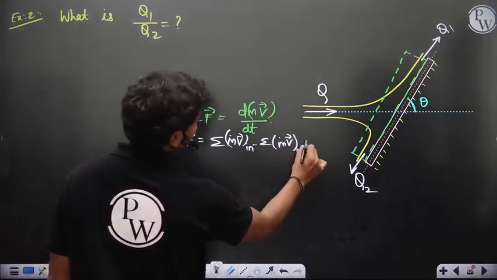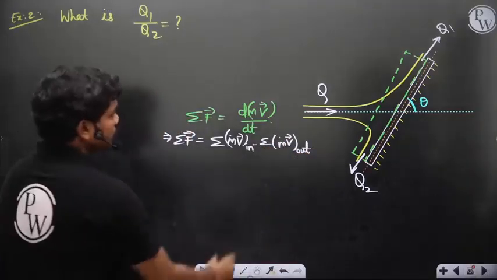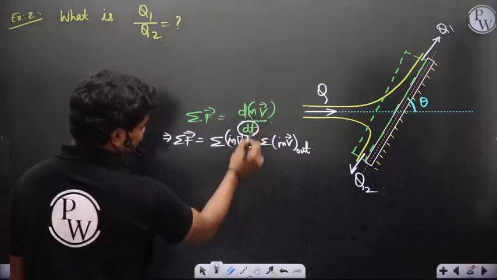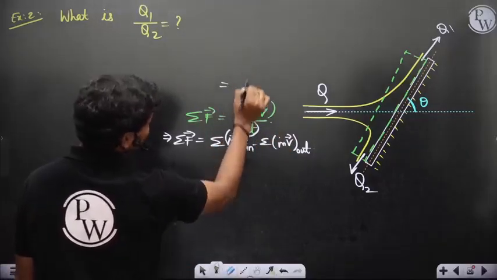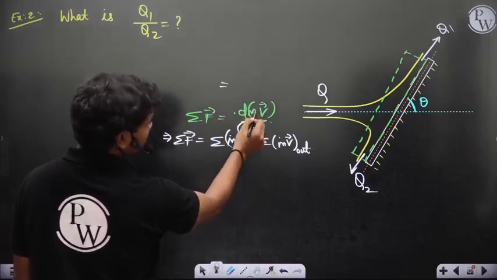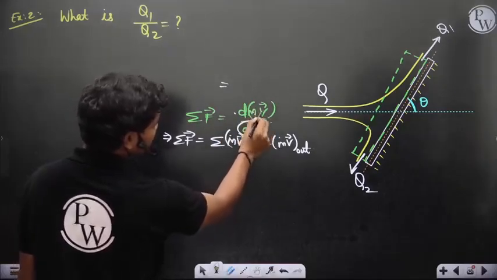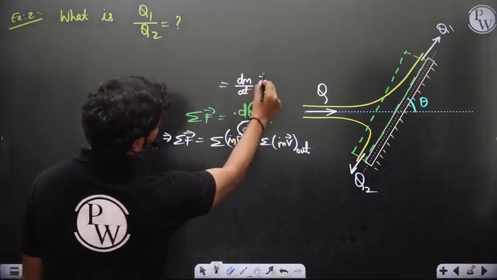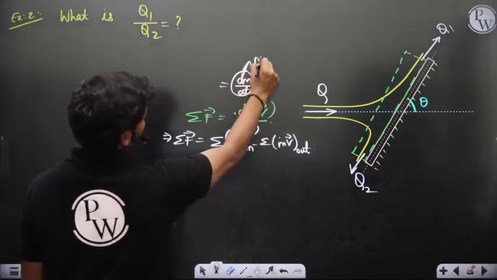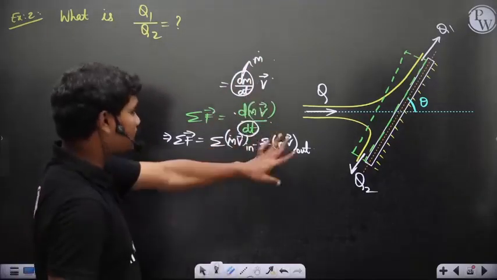This is what they tell you. They'll tell you to adjust this dt into this dm. So in d(mv) by dt, take mass as constant and this velocity as constant, so we can write this as dm by dt times v, and this is m dot, so m dot v, the momentum at the inlet minus momentum at the outlet.